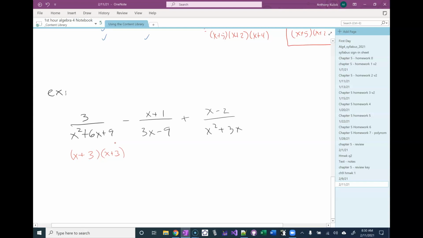Good. Okay, let's look at the next one. 3x minus 9. What can I do with that? Yeah, we can just take a 3 out. Everybody agree there? Okay. And the last one, x squared plus 3x.